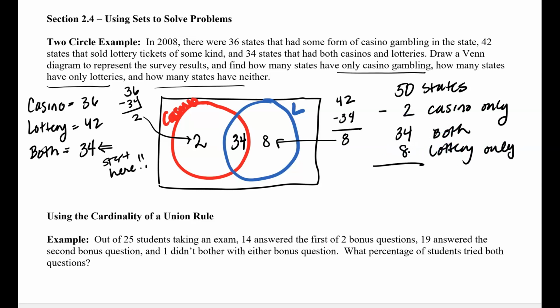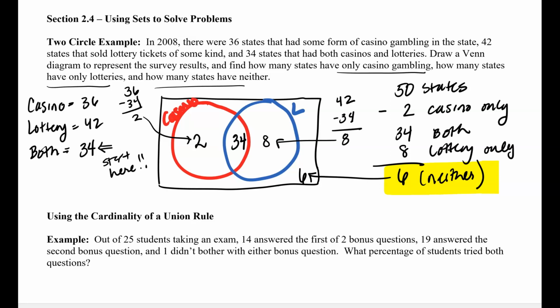I'm going to take off all of those numbers to figure out what's left. There's 6 left, so that goes right there. And that's your neither. So these 6 states have neither a casino nor a lottery. So one of our answers is 6, that has neither.